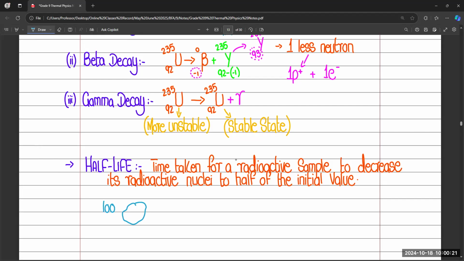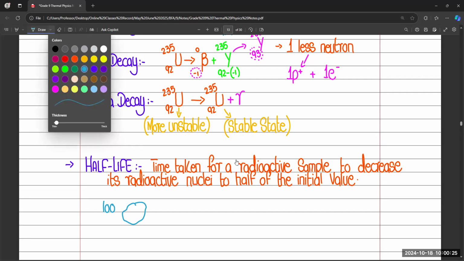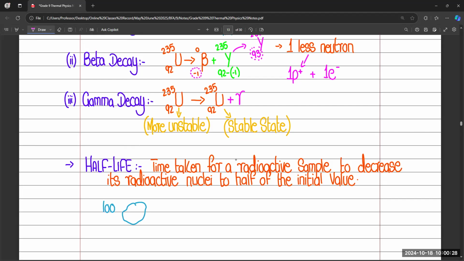Let's suppose we have a radioactive sample of value 100, and it takes a total of 2 years, and after 2 years you observe that the mass of that element decreases to half. Okay. So now you got the value of half-life. It means after every 2 years, the value decreases to half of its original value.